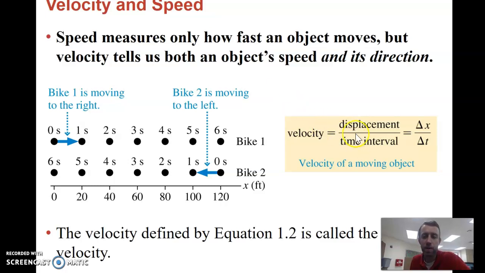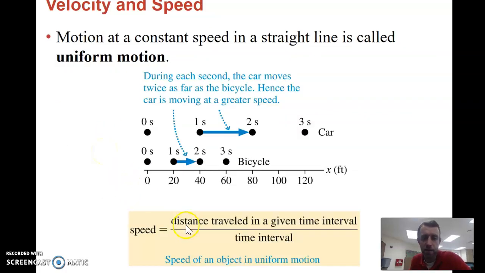So we talked about displacement, how far you are from a starting point or a reference point or an origin. Distance, if we go back, is just how far you go. So you might start at 0, go all the way to 60, go back to 40, go out to 100, go back to 60, go out to 120.